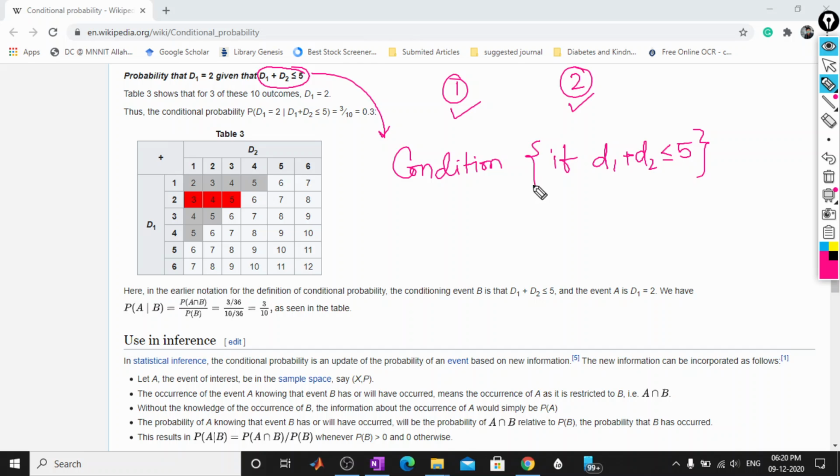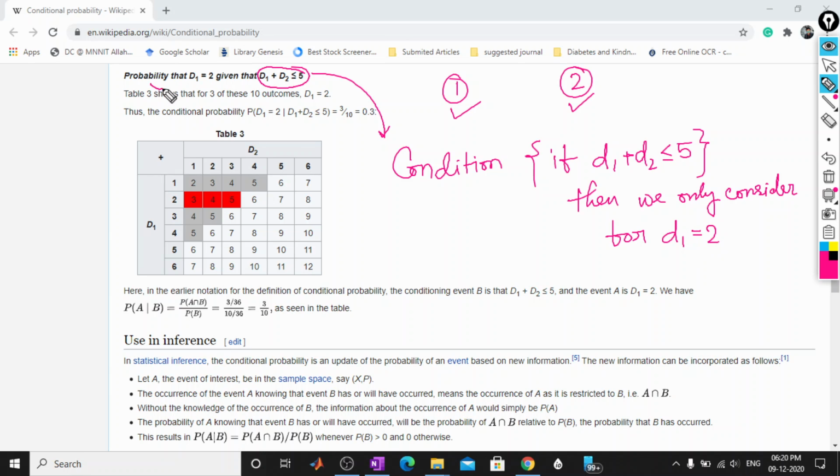For die 1, we only consider d1 equals 2.